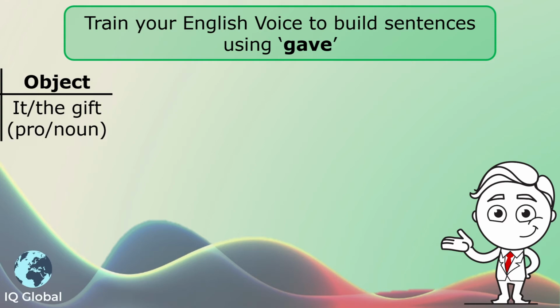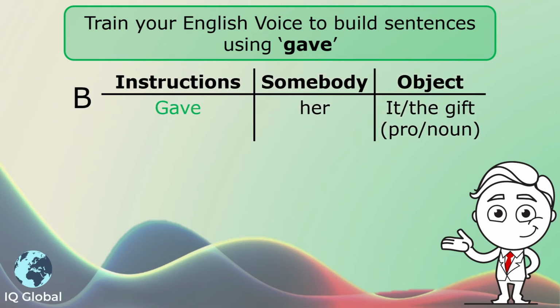Now let's have a look at structure B. The instruction gave plus somebody, her or him, plus object, it, the pronoun, or the gift, the noun.